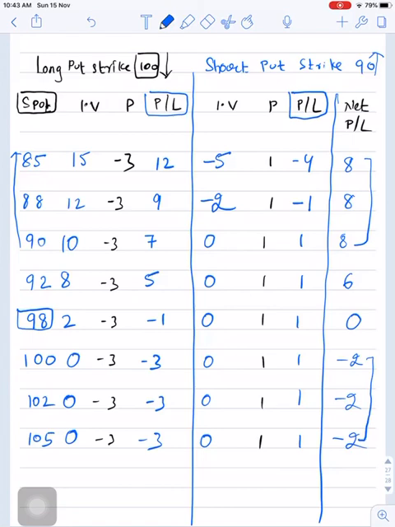If ABC stock closed at 100 or above, maximum risk will happen. 2 rupees. So if price is closing at 100 or above 100, whatever cost you have paid to design this strategy, that will be your loss. At 98 you can see it is break-even.